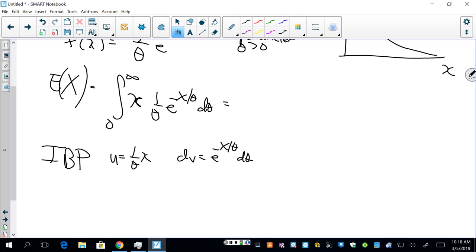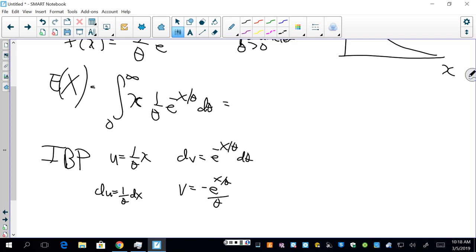And we're going to rewrite this where we take the derivative of this one, so du is 1 over theta dx. And we're going to integrate this one to get v. It ends up being negative e to the negative x over theta. So I check it in my mind.